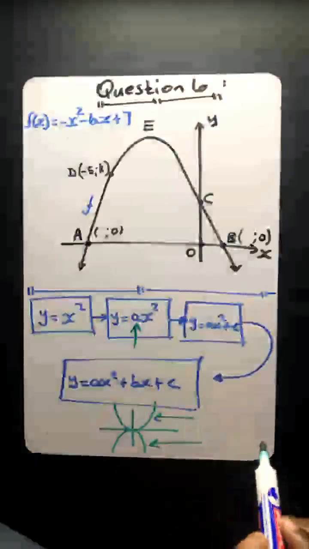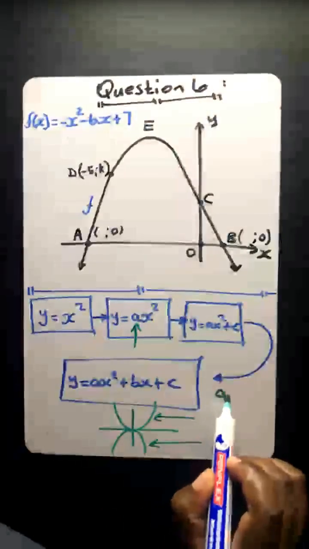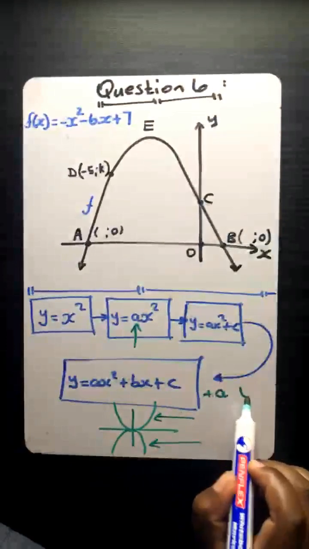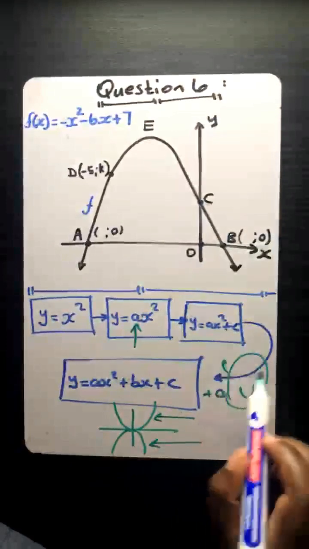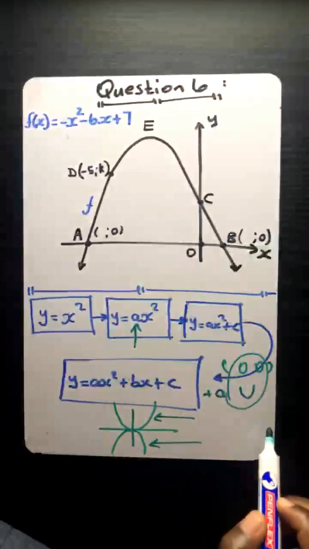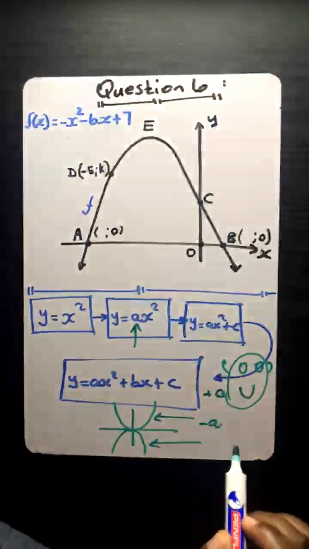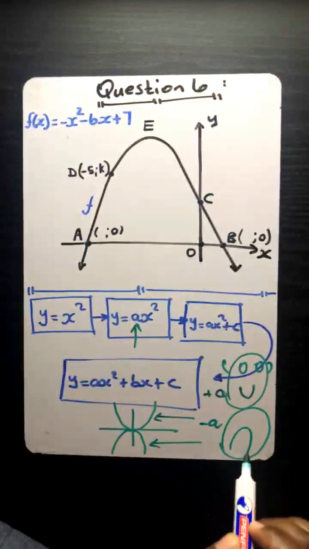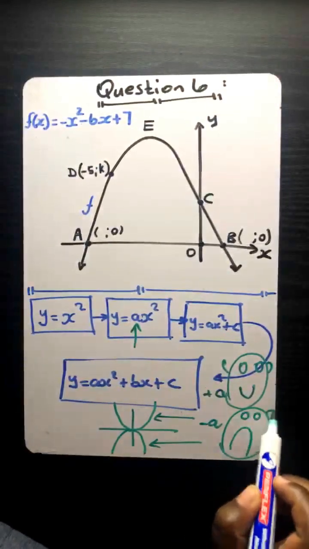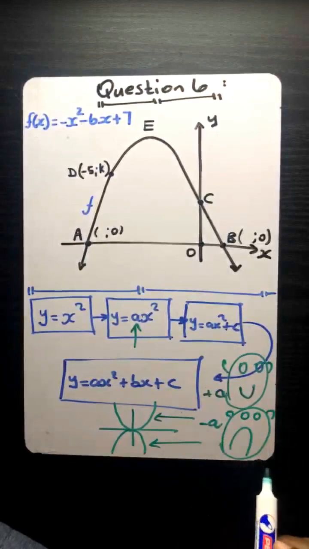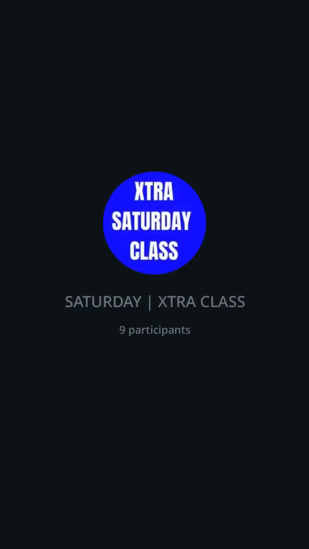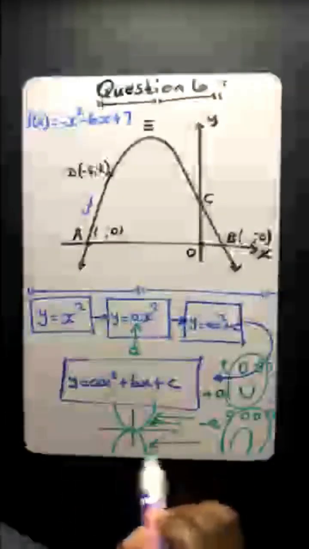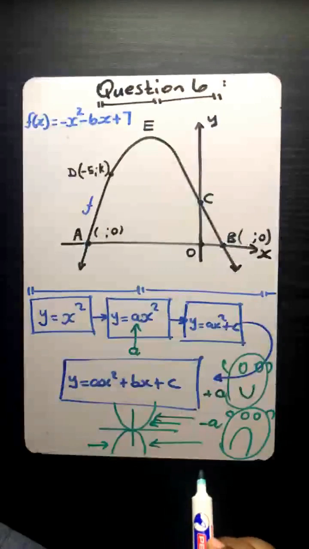To say, okay, if that A is positive, then we have a smiling shape, which looks like that. But now, if A is negative, that means the mood is negative. We therefore have a sad shape. Can you guys see? That means the A value tells us more about the shape being that of a smiling shape or a sad shape.